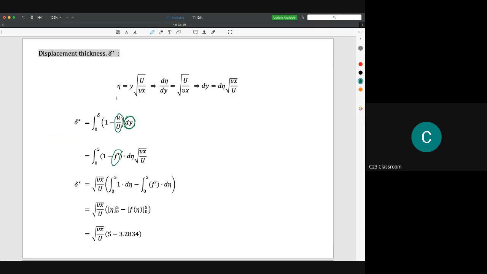Let's say we have eta equal to y square root of u over nu x, and then d eta over dy is square root of u over nu x, so we can change dy to d eta times square root of nu x over u. That's why we need to change here, because f prime is a function of eta. So we need to change dy also to a function of eta. From this calculation, we substitute dy with this term.